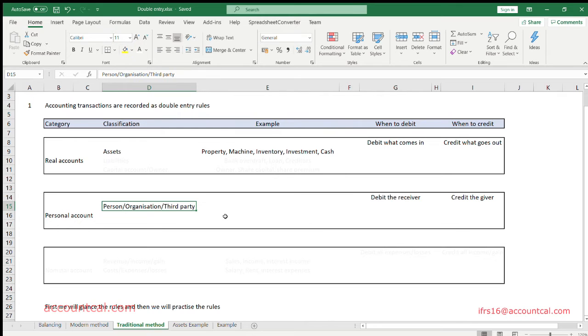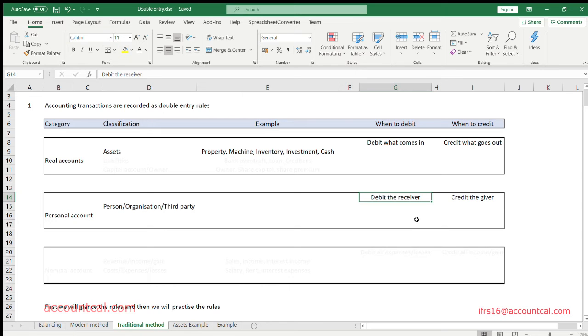Anybody else other than our organization is a personal account. So what does the rule say? Debit the receiver. If he receives something from us, then debit him, that third party. Credit the giver. If he gives us something, then credit him.